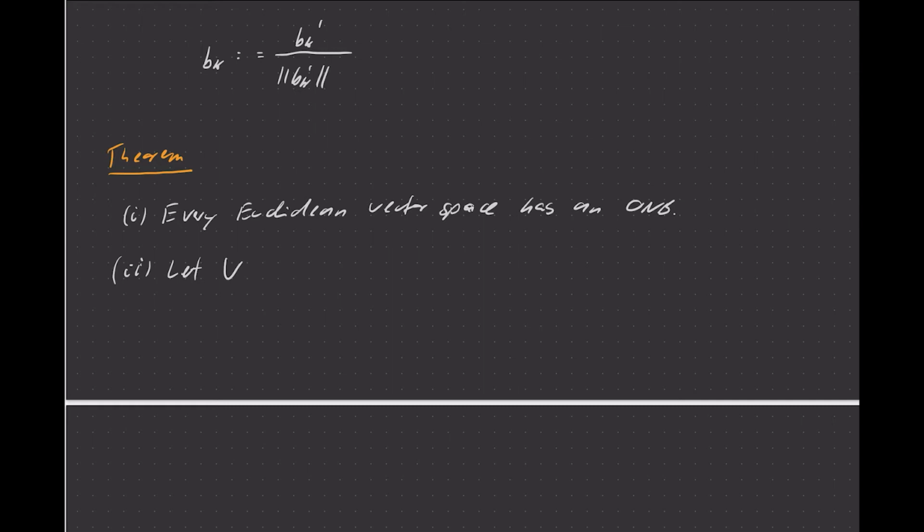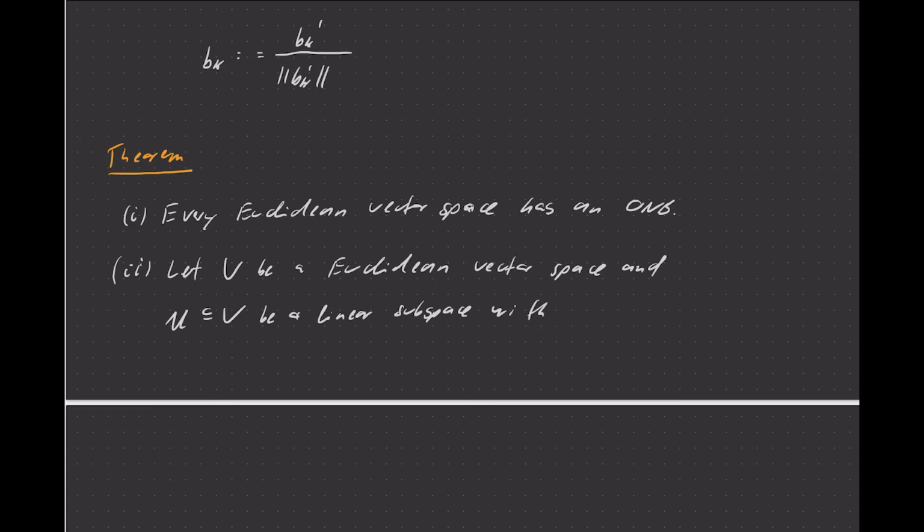So let V be a Euclidean vector space and U be a linear subspace. And let's say the dimension of the linear subspace is k.